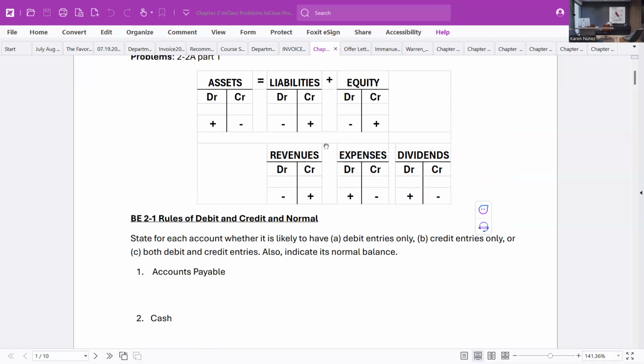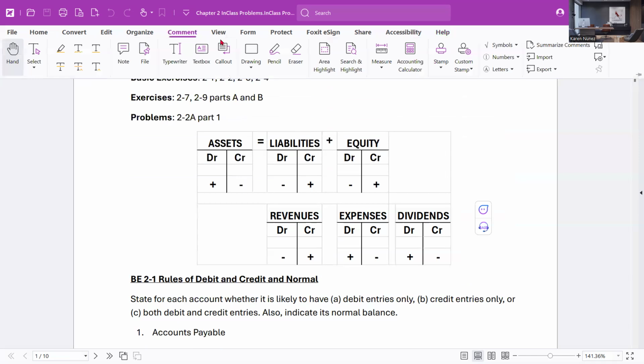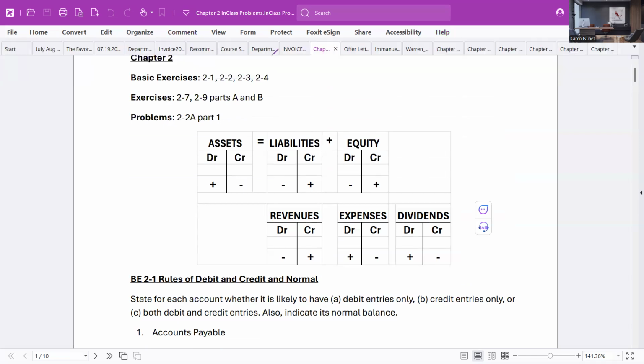So let me also point out here that the debit side is always the increased side for assets, right? Because assets are increased with debits. So this is the increased side, and this is also the normal balance.